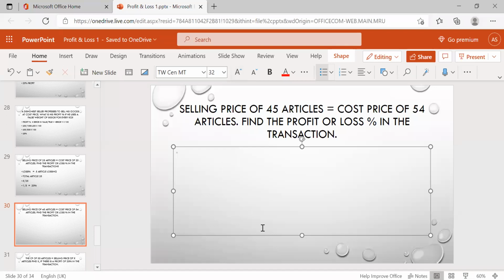Then profit and loss, profit. Then say how much amount is getting profit? Try to solve in the same manner.